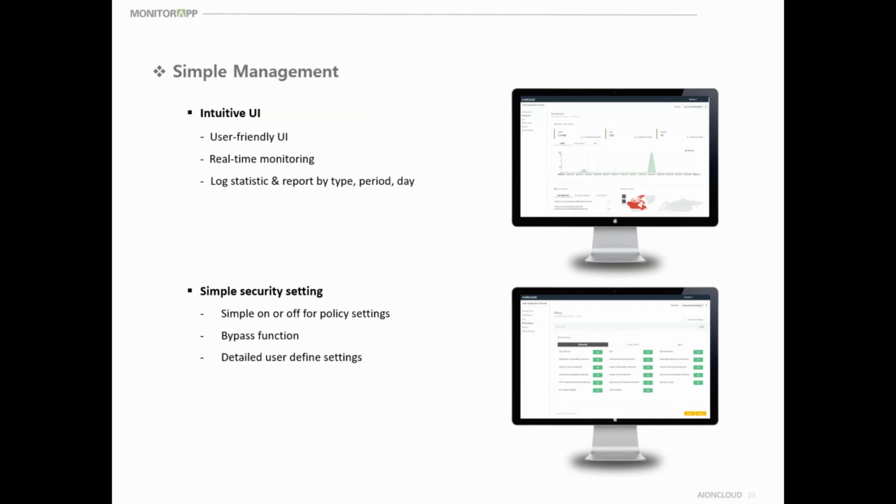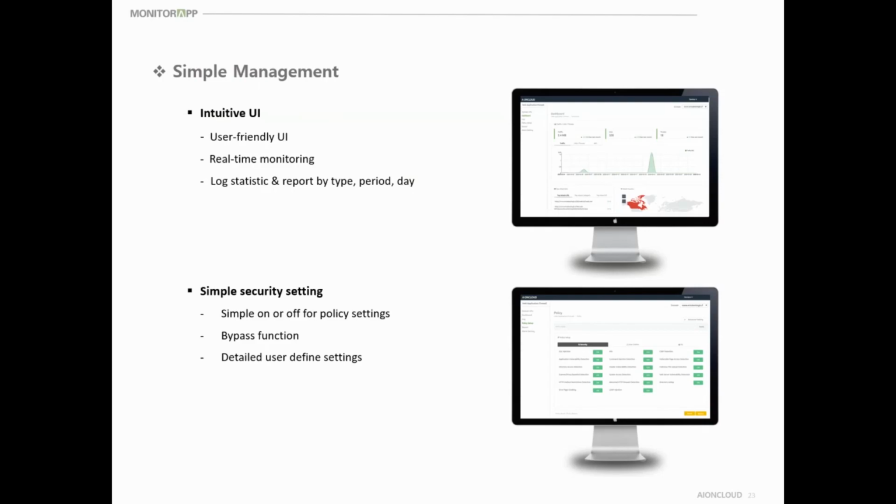As you know, bypass is an important function for a security service or product. In AIONCLOUD, you just need to switch the button for policy bypass. For IP bypass, you just need to type the IP in the security setting or click it in the log list.